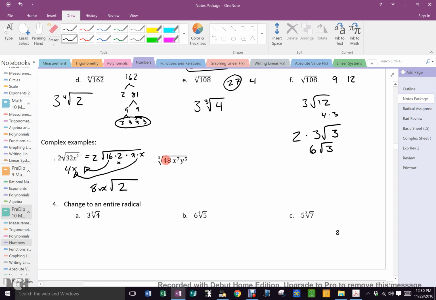What would the long way here be? I'm looking for groups of 3, right? So if I know any cube roots, I'm going to be in business here. Do I know any cube roots that are factors of 48? You've got your cube root list in front of you. 16 isn't a cube root.